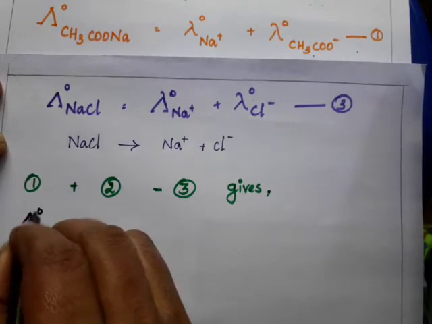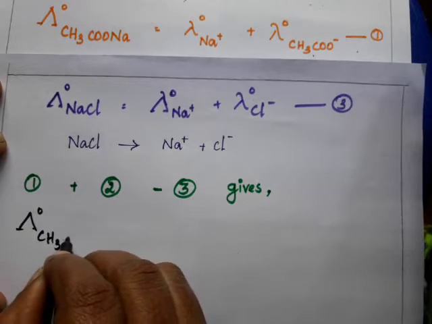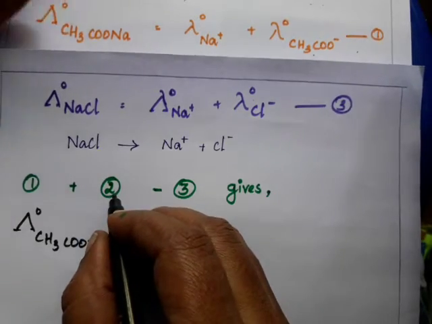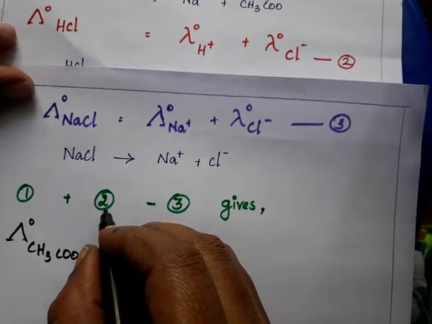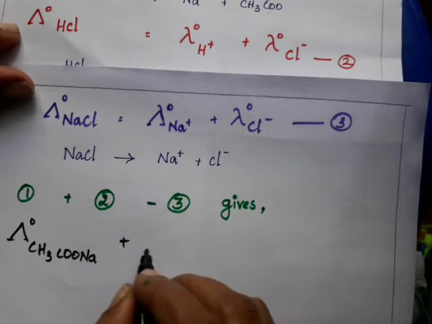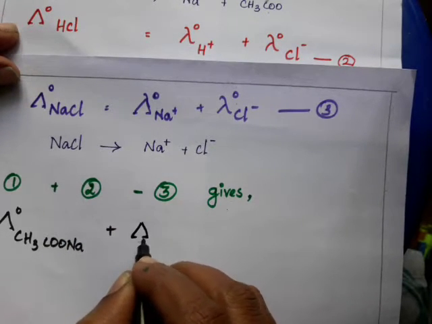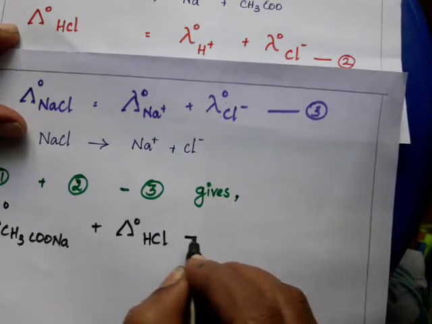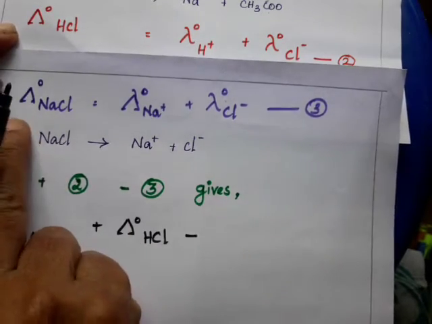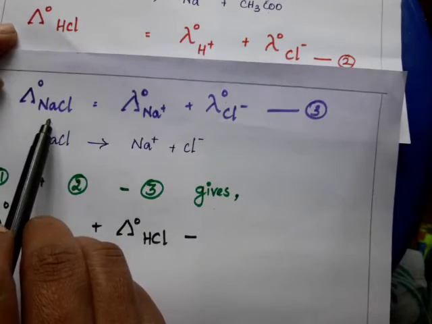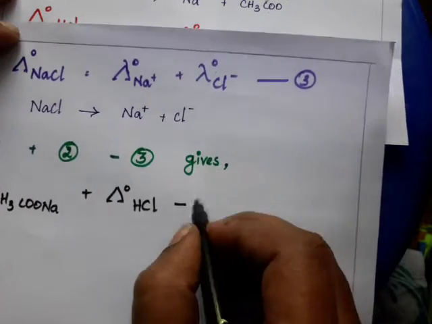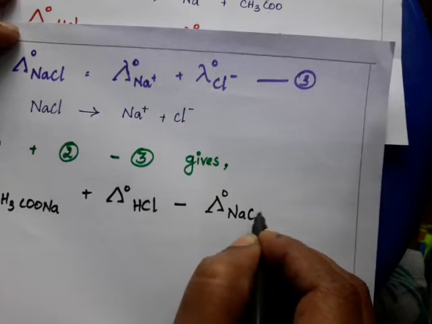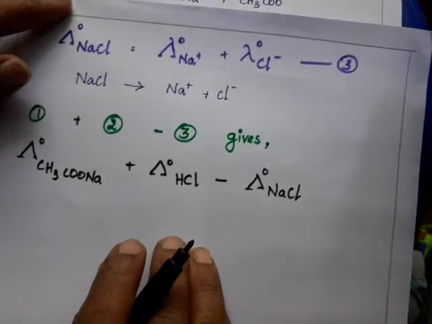Limiting molar conductance of CH3COONa plus, what is the second one? The second one is the limiting molar conductance of HCl, right? And what is the third one? The third one is the limiting molar conductance of NaCl, right?